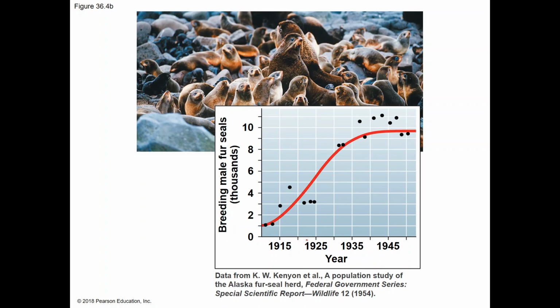So the populations were really kept in check and actually threatened for a while there. You can see back in the early 1900s, once the hunting was controlled, they were growing pretty rapidly. And they grew this way.